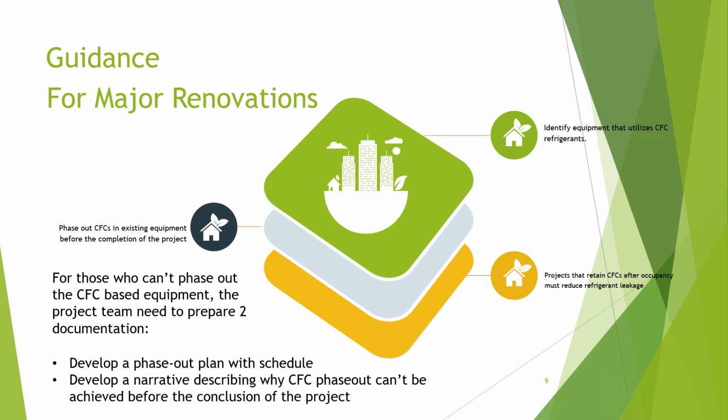First, develop a phase-out plan with a schedule. And second, develop a narrative describing why CFC phase-out can't be achieved before the conclusion of the project. Once we've done that, we also have an opportunity to earn this credit in the major renovation part.